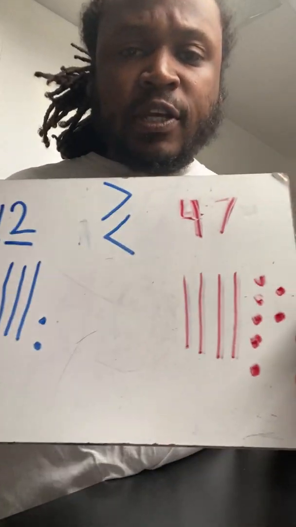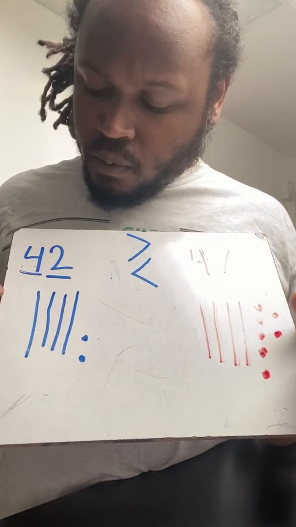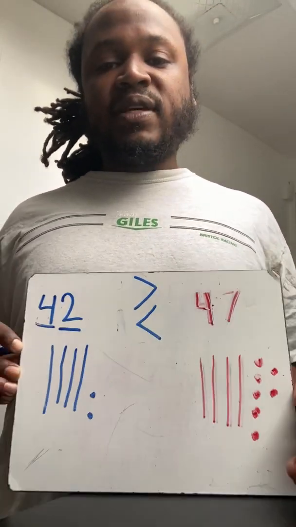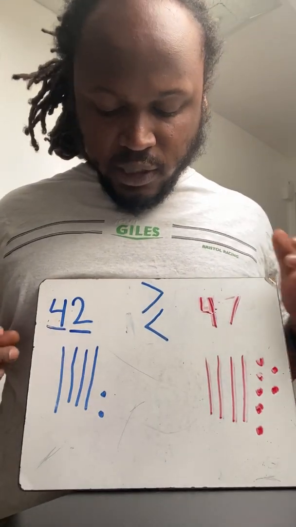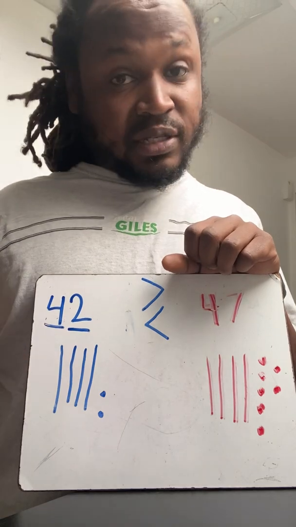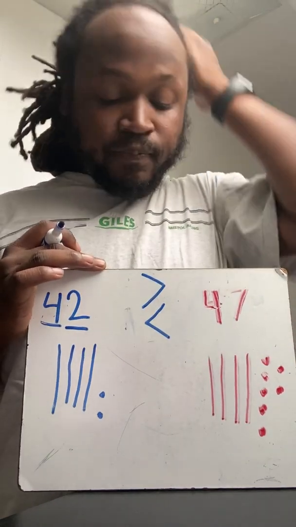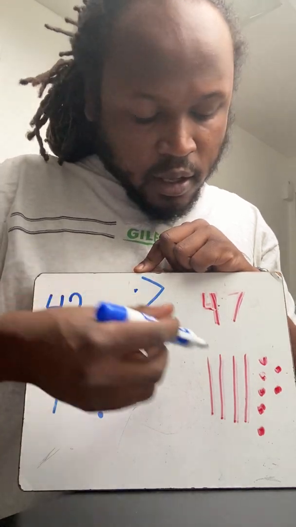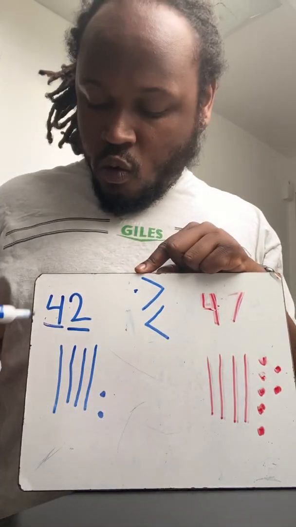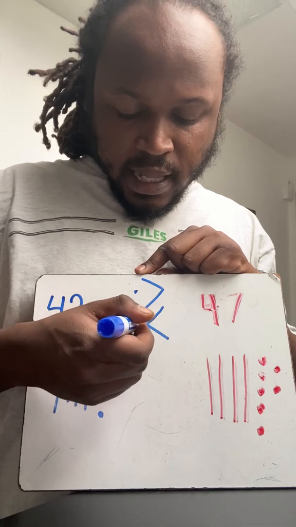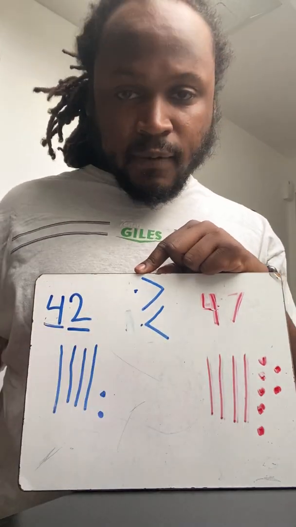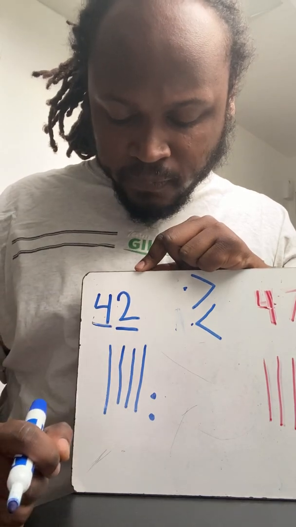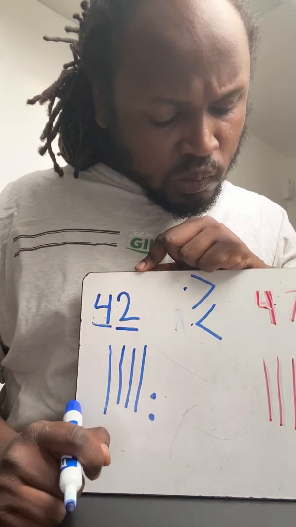So which one, greater than or less than, would make this expression true if I was going to read it? I'm sorry, it's not an equation, it's an expression. There's no equal sign. 42 is greater than 47 or 42 is less than 47. So over here at 42, I see 4 groups of 10 and 2 ones.